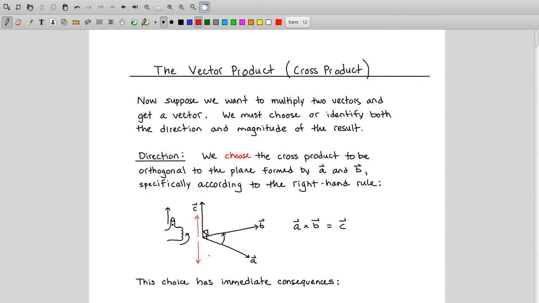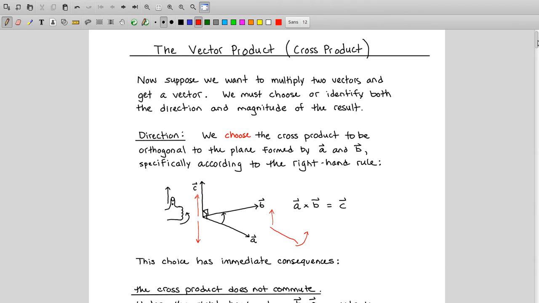And we say that if we're multiplying A cross B, the resulting vector C will be perpendicular to A and B in the same way as the right-hand rule coordinate systems are constructed, meaning we point our arm out in the direction of A, we curl our fingers in the direction of B, and consequently our thumb will point in the direction of C. So this right-hand rule will enforce the direction of the cross product.